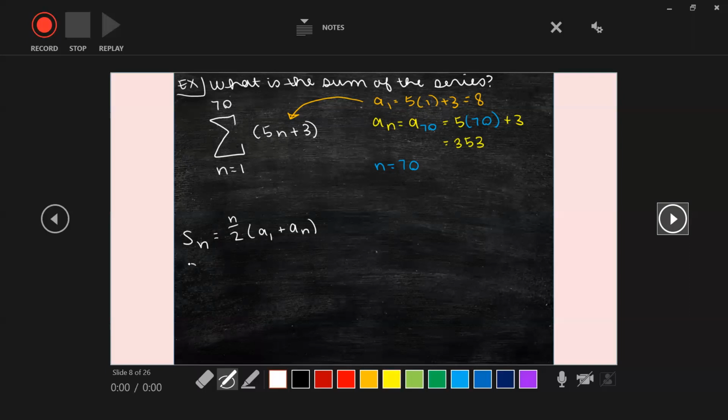Well, now I just substitute. So I have S sub 70 is equal to 70 divided by 2 times a sub 1, which is 8, plus 353.